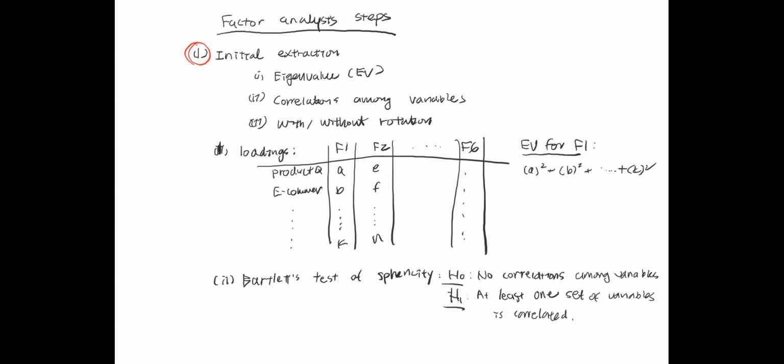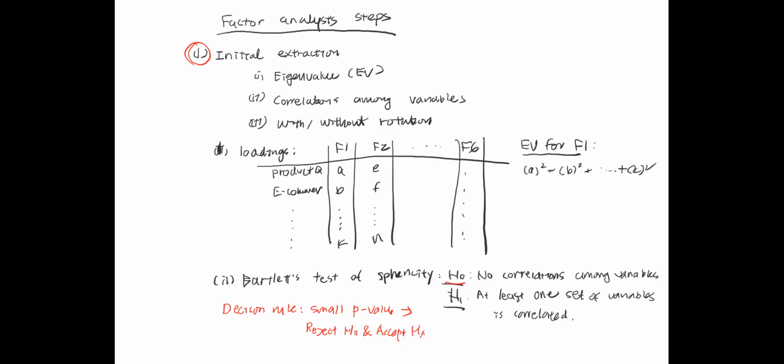So the decision rule is the small p-value. We already know this, right? With a small p-value, we reject the null hypothesis and accept the alternative hypothesis. Say we have a small p-value, so we reject the null hypothesis.